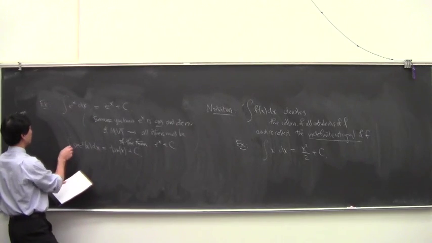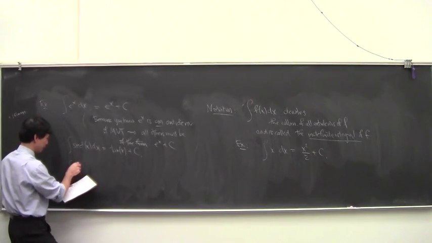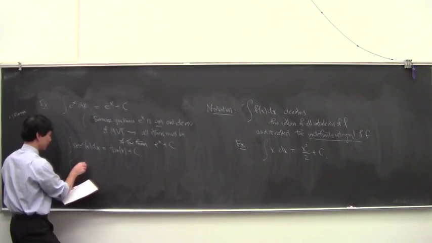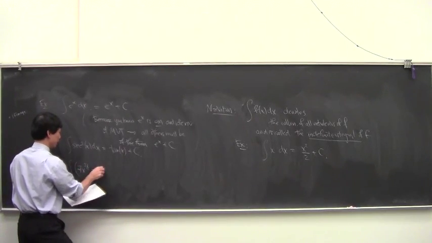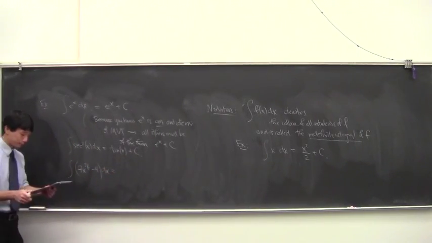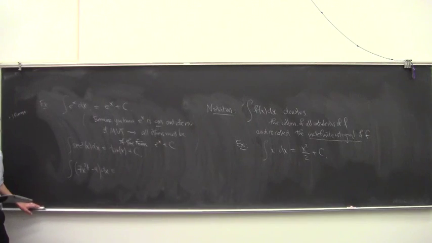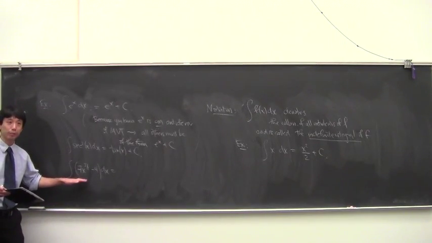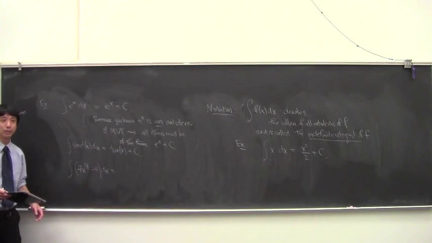Here's another one. What about if I say something like this: the integral of 7x to the 3 halves minus 4 dx. What's the collection of antiderivatives? Well, you have to find one antiderivative and then just add on all constants.